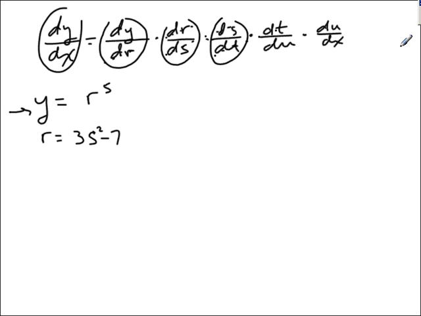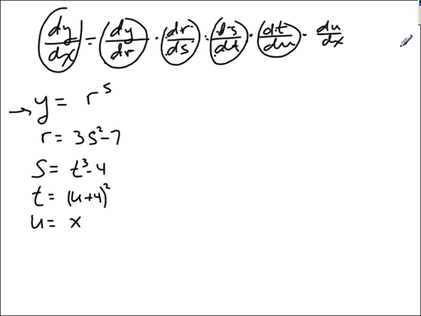And now s is in terms of t. S, on the other hand, is t cubed minus 4. That's s in terms of t. But t is in terms of u. T is equal to u plus 4 squared. And then finally, u is in terms of x. U is equal to x squared minus 1.